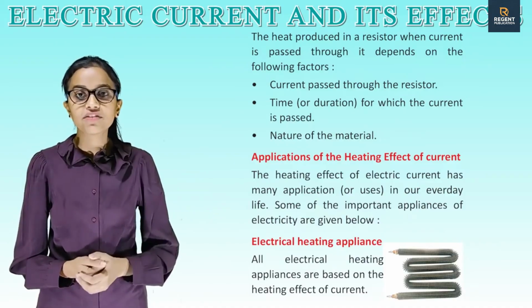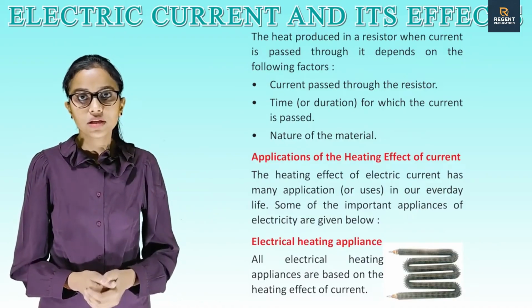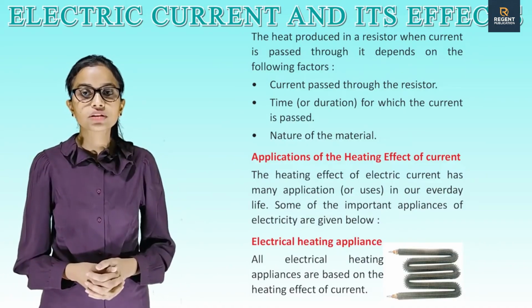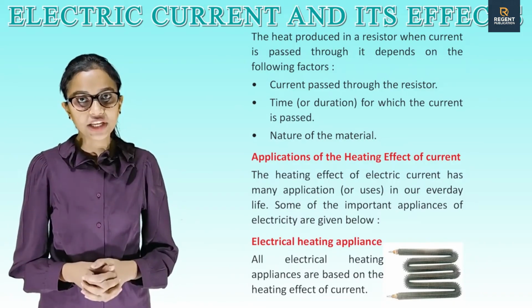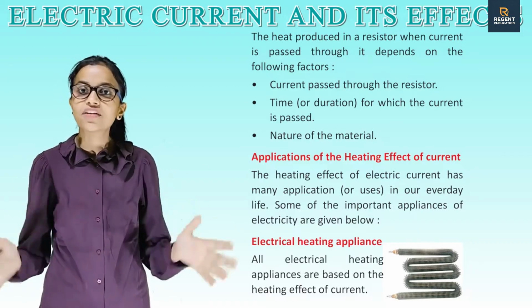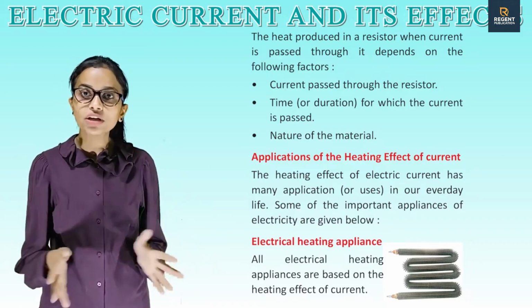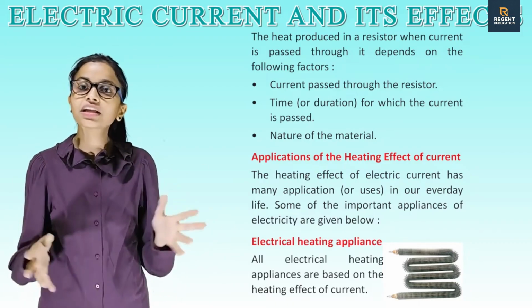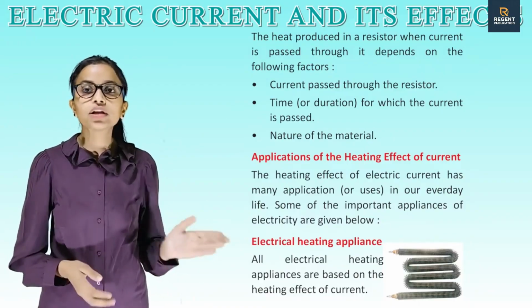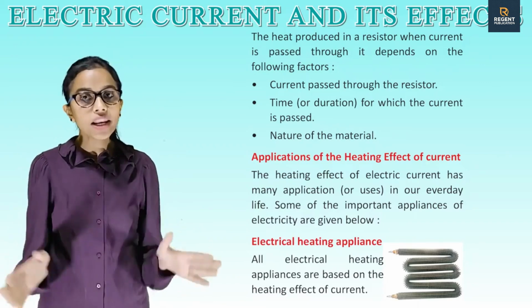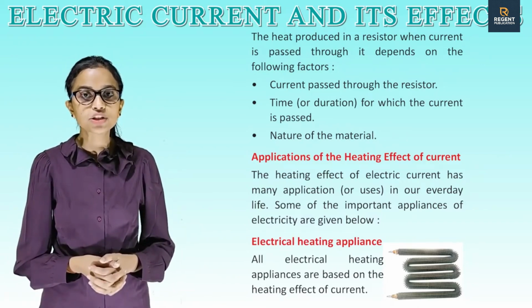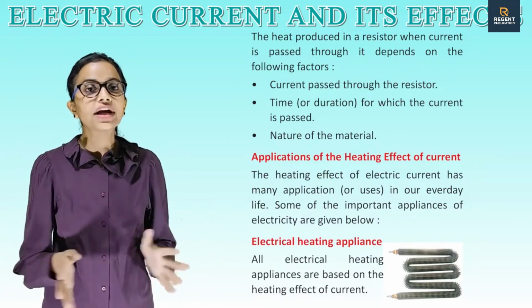Applications of the heating effect of current. The heating effect of electric current has many applications or uses in our everyday life. Some of the important appliances of electricity are given below. Electrical heating appliances. All electrical heating appliances are based on the heating effect of current.